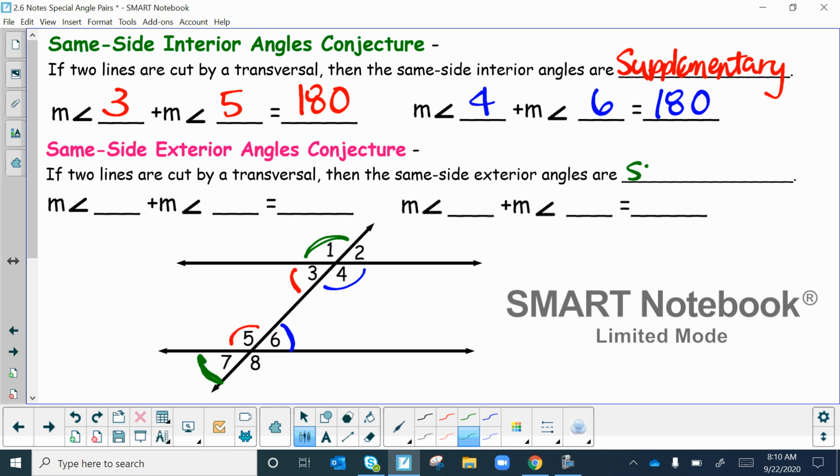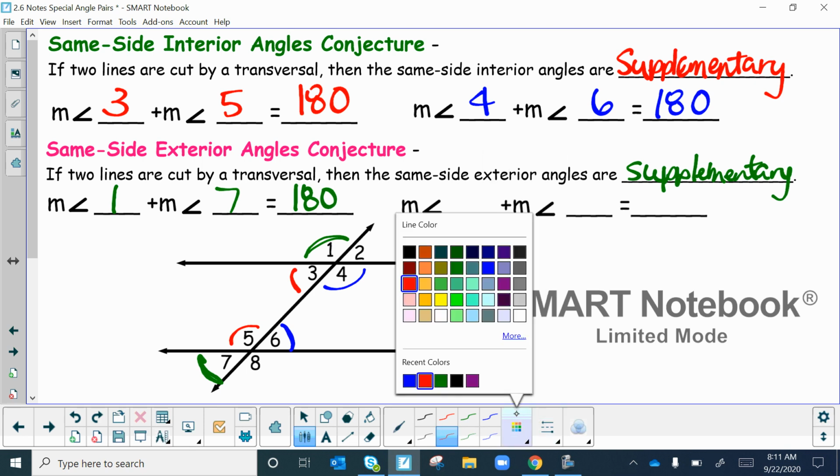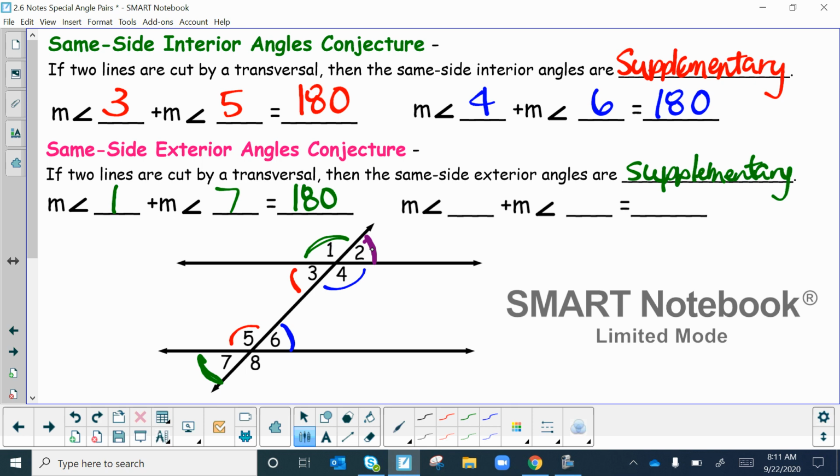However, those are going to be supplementary because it ties back to a linear pair. So angles 1 and 7, those add up to 180. And then angles 2 and 8, those are also going to equal 180 degrees. So same side interior angles and same side exterior angles are always going to be supplementary, not congruent, but they're going to add up to 180.